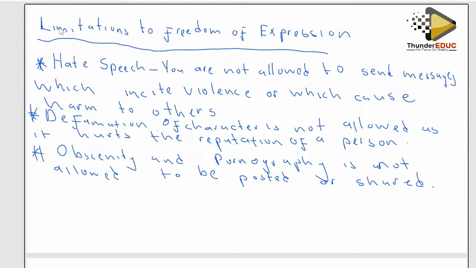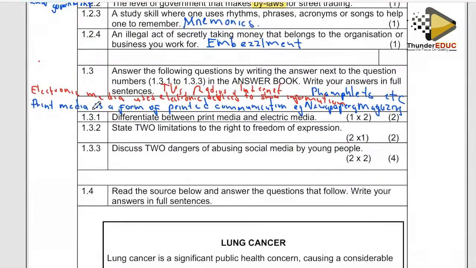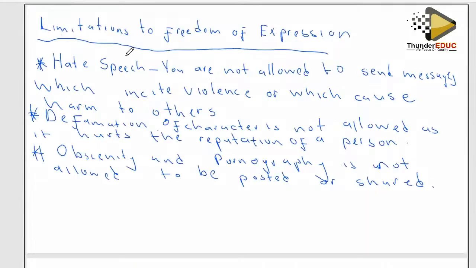So basically, those are the three limitations to freedom of expression. So this answers the question 1.3.2. State two limitations to the right of freedom of expression.